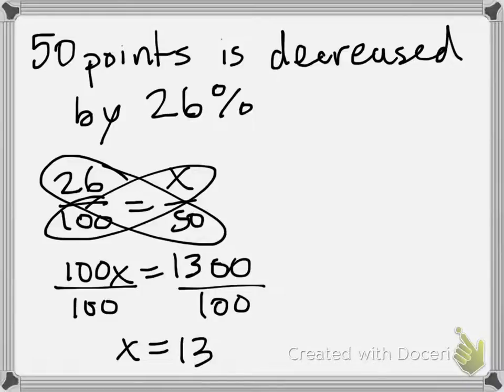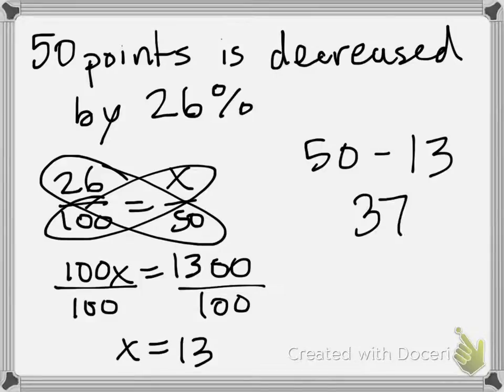So the decrease this time, notice it's not an increase, the decrease was 13. To find the new amount, all we're going to do is take our original amount, 50, and subtract how much it decreased by. So 50 minus 13 gives us 37. So the new total is 37 points.